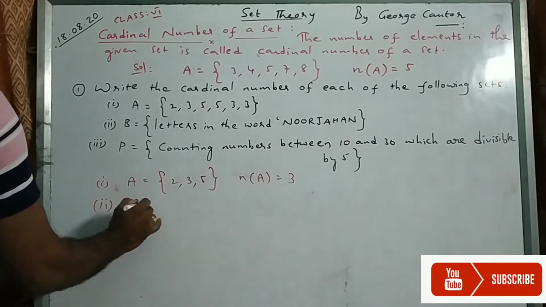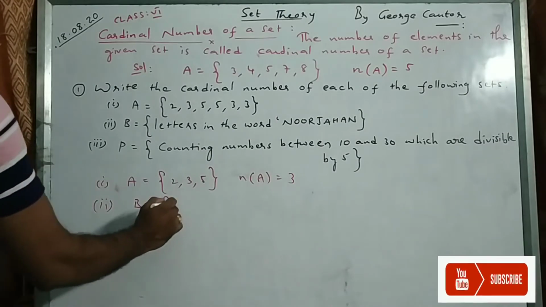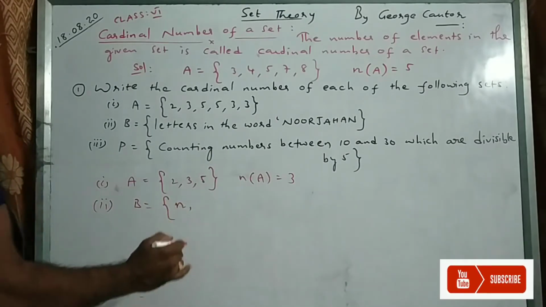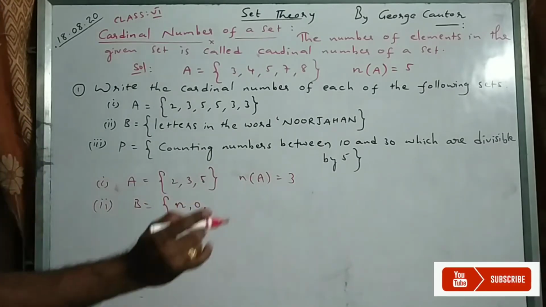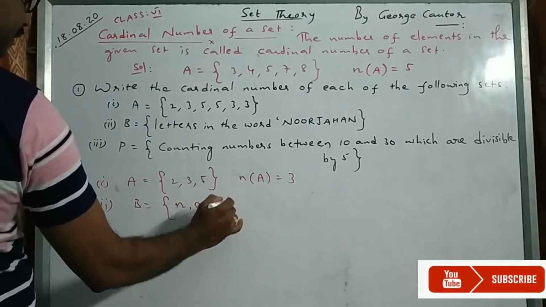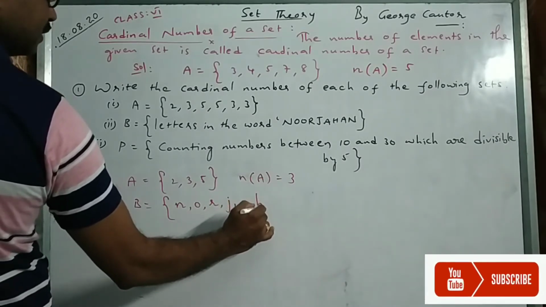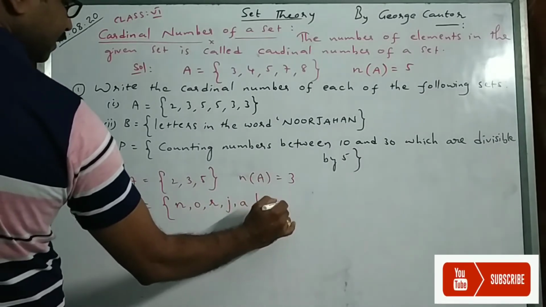Second, B is equal to the letters in the word Noor Jahan. Letters you write in small letters. n, o: O is there 2 times, once we will write. r, j, a, h, n.